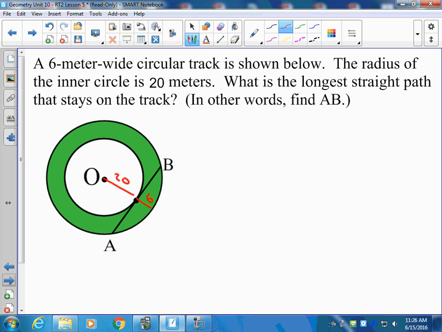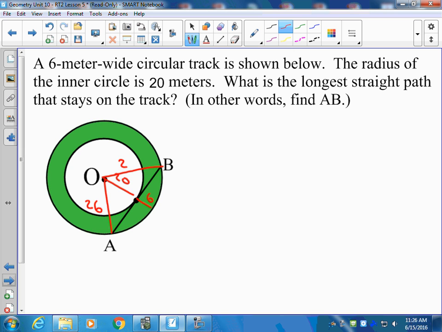So in this situation, what we're looking for is this distance right here. And what we need to do is build a triangle that we have here. In this triangle, what we would want to work with is the fact that we've got 26, 26, 26.